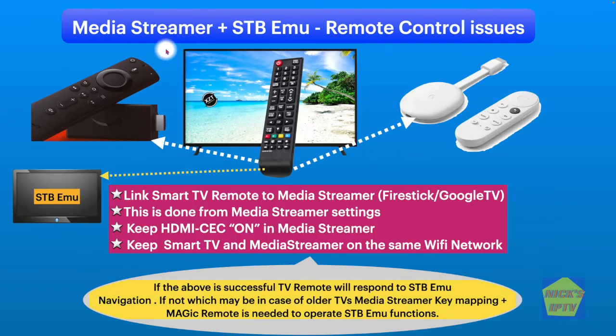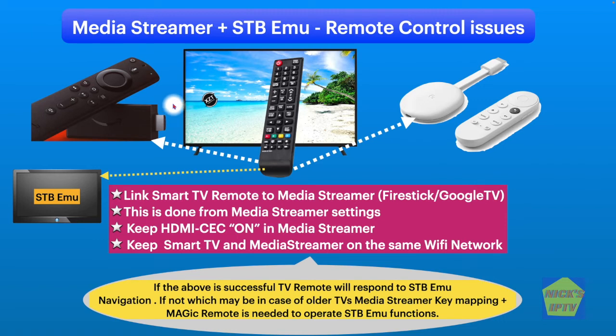So when it comes to media streamers, I was talking about the remote control limitations. One way out of this is, if you have a smart TV, your TV remote can be linked to the streamer remotes, Fire Stick or Google TV.